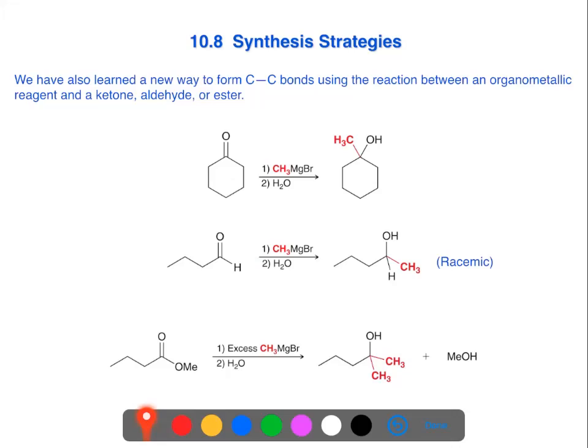You're going to have two configurations because nucleophilic attack onto that carbonyl will occur from either side of the trigonal planar plane associated with that sp2 hybridized carbon center. And we saw if we use excess amounts of the Grignard reagent, we can carry out that reaction in two successive steps, if you will, to introduce that R group twice to that original carbonyl carbon, forming in effect a tertiary alcohol.